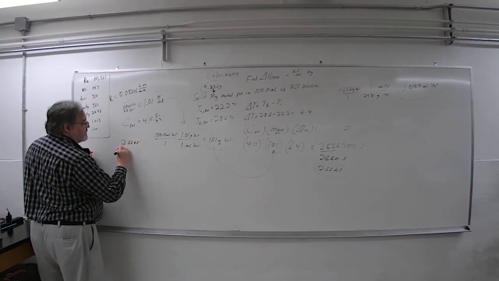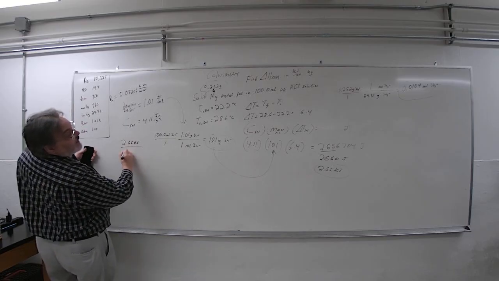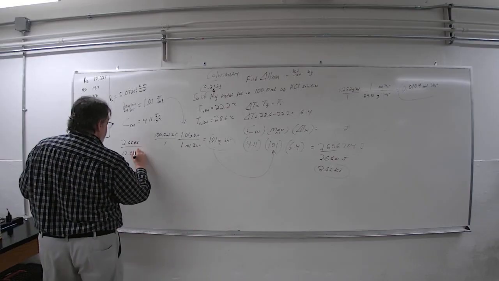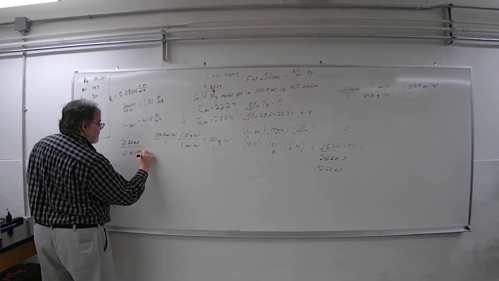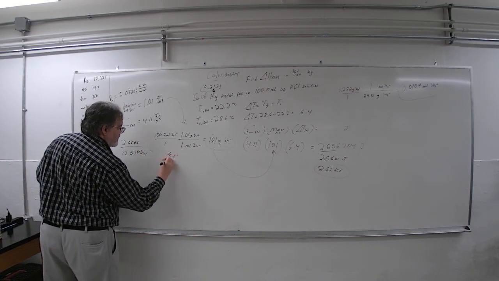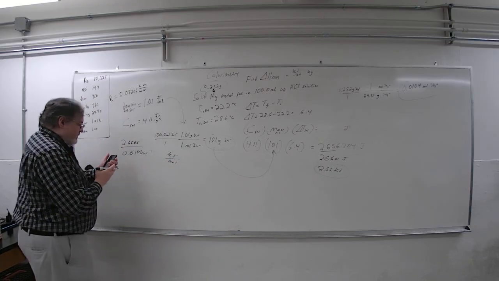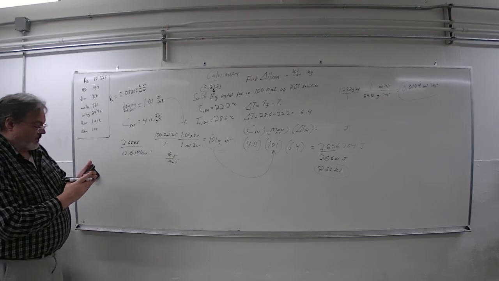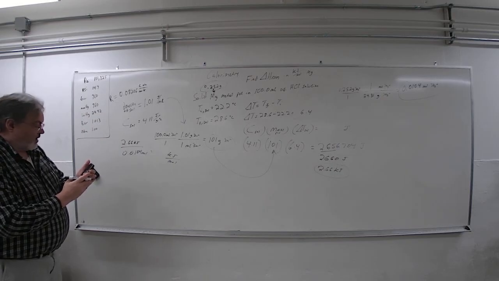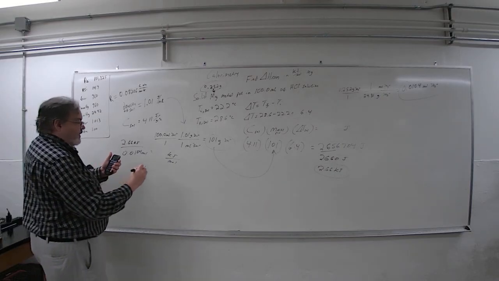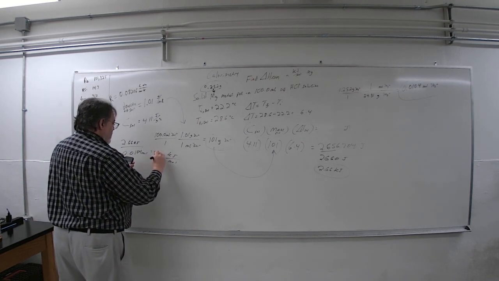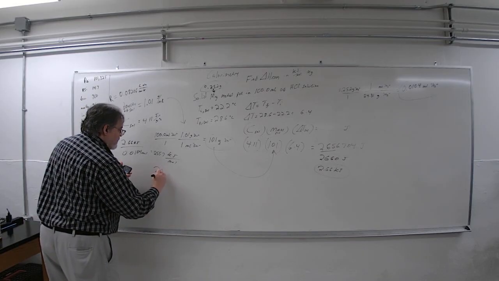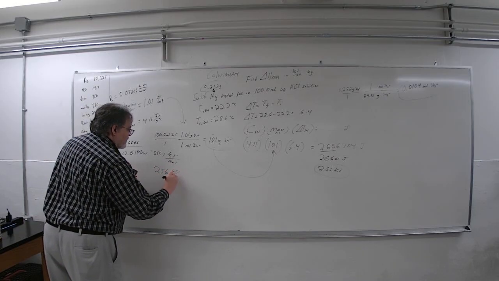2.66 kilojoules over 0.0104 moles. That'll give us kilojoules per mole. 2.66 divided by 0.0104 is 256 kilojoules.